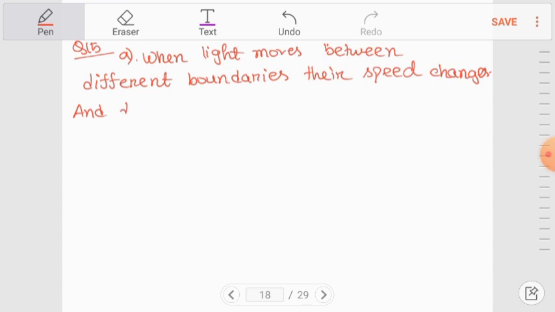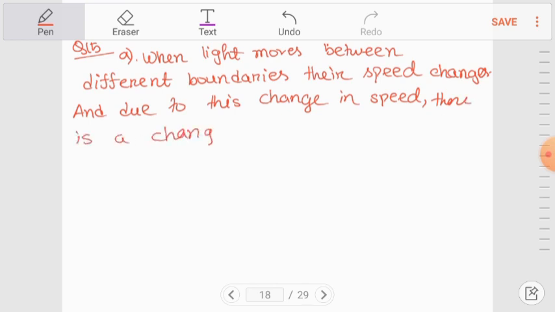And due to this change in speed, there is a change in direction. And with this, question number 15A ends. I'm moving to question number 15B.